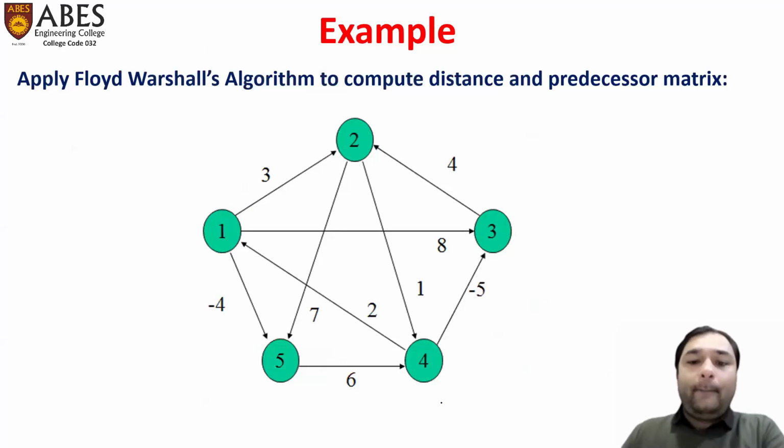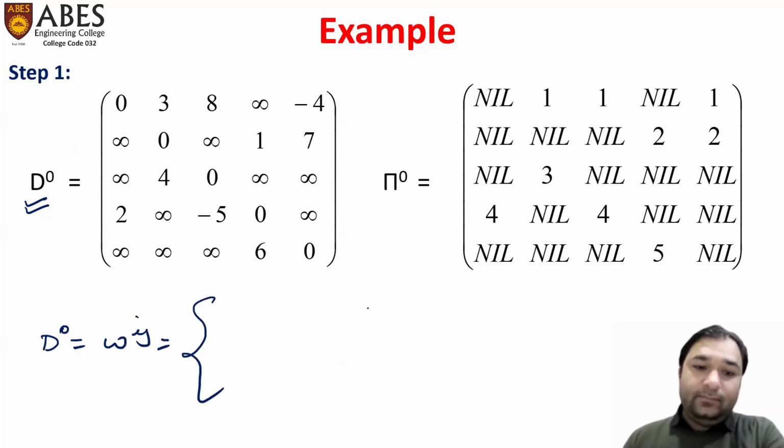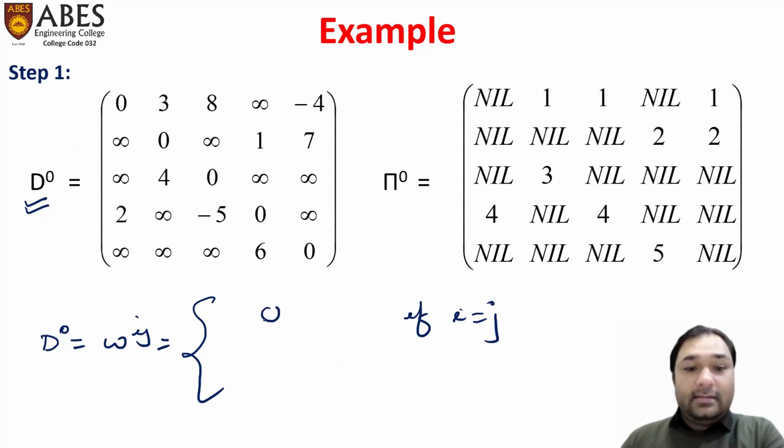Now, this is an example. This is a famous example and is being asked in most of the examinations. Let's think about this. What we will first do is, we will simply make a D0 matrix. Now, while creating a D0 matrix, D0 is equal to Wij. Now, what is Wij? If i equals j, then we simply say 0 because there can never be a cycle.